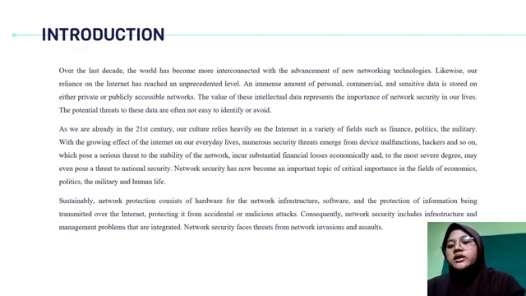As we are already in the 21st century, our culture relies heavily on the internet in a variety of fields such as finance, politics and the military. With the growing effect of the internet on our everyday life, numerous security threats emerge from device malfunction, hackers and so on, which pose a serious threat to the stability of the network, incur substantial financial losses economically, and to the more severe degree may even pose a threat to national security.